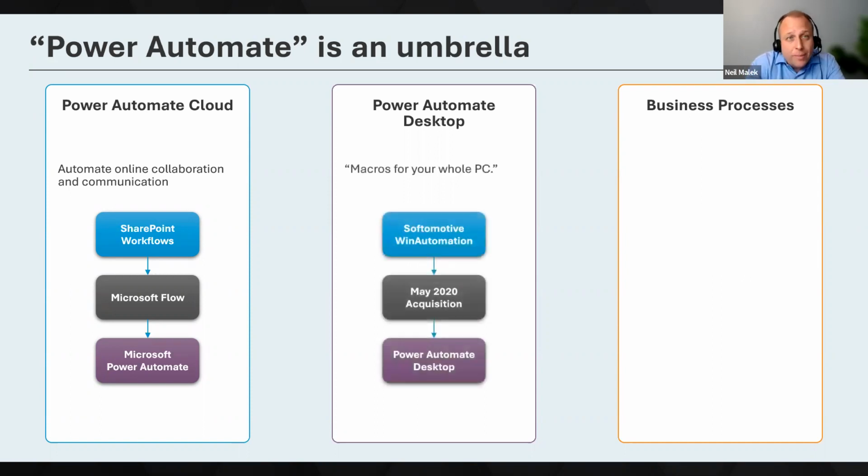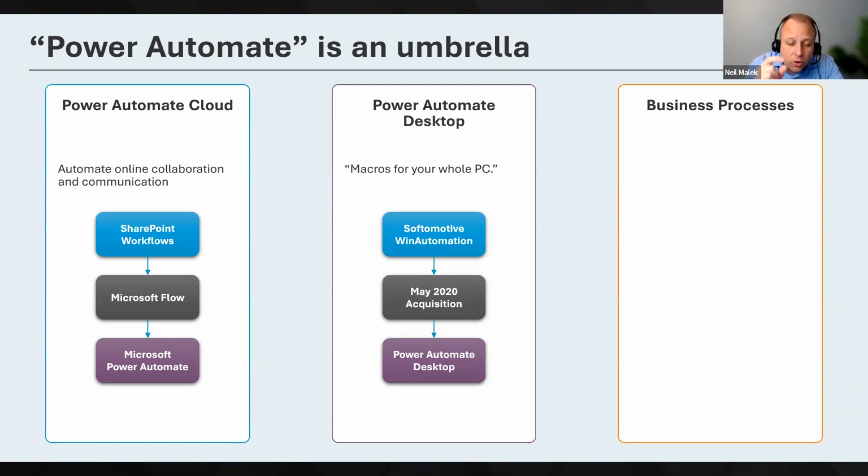We also have Power Automate Desktop. For those of you who have ever used a macro on a desktop app on your PC, Power Automate Desktop is like a macro for your PC. It is a separate install on your PC that can automatically do things to your files and to different programs.